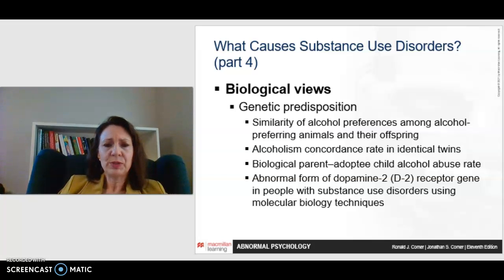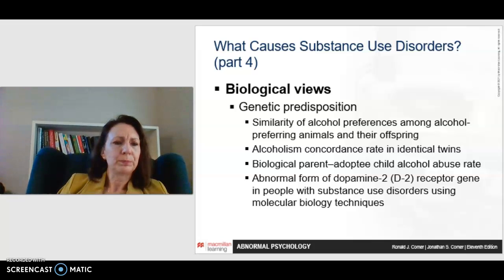Alcoholism concordance rates are found in identical twins, and biological parent and adoptee child alcohol abuse rates have been studied as well, and those are different. The abnormal form of the dopamine 2 or D2 receptor gene in people with substance abuse disorders has also been studied using molecular biology techniques.